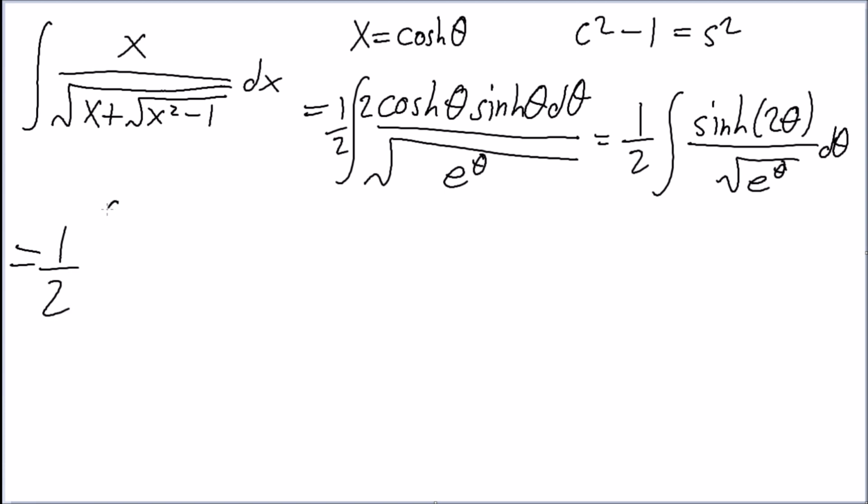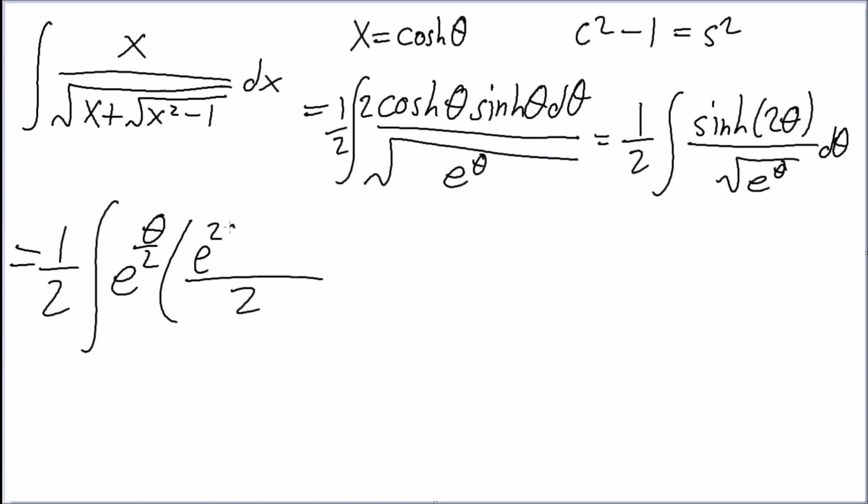So we have a half. We have e to the theta over 2. It won't be pretty. I'll let you know that. It won't be pretty algebra, but you're just going to have to bear with it.